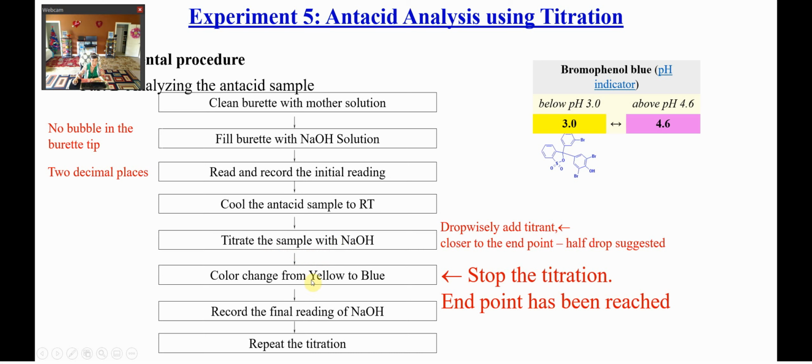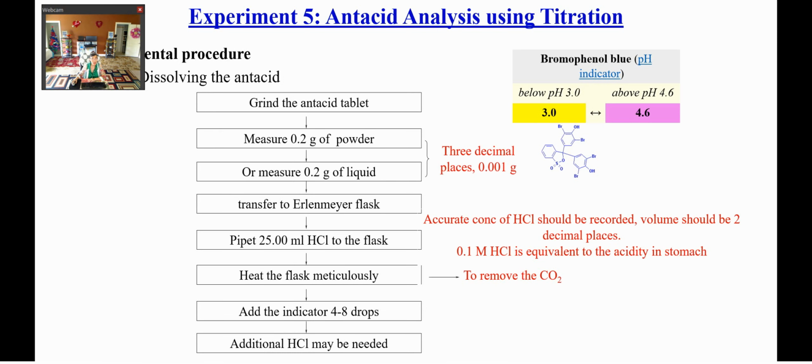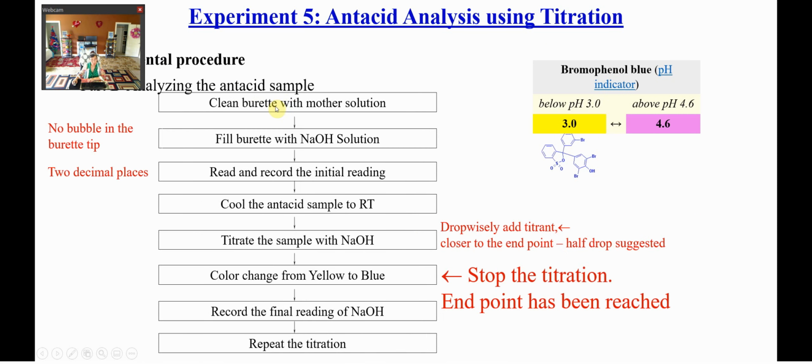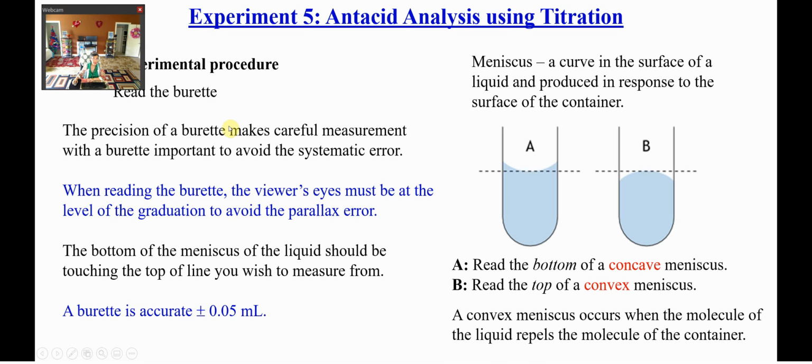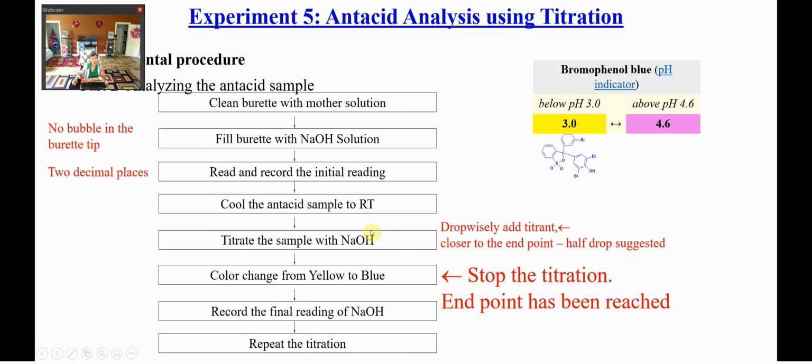Based on the color change from yellow to blue, you stop the titration, meaning your endpoint is reached. Then you read the initial and final readings and calculate the milliliters of sodium hydroxide. The very last step will be dissolving the antacid. The other one will be analyzing the antacid. That's essentially what we are going to do.